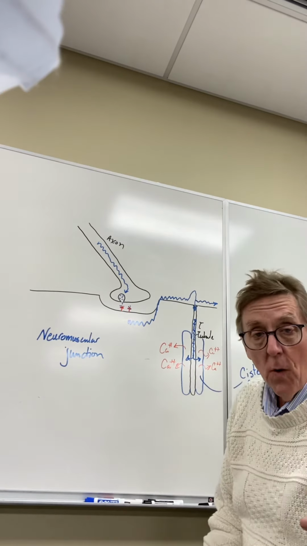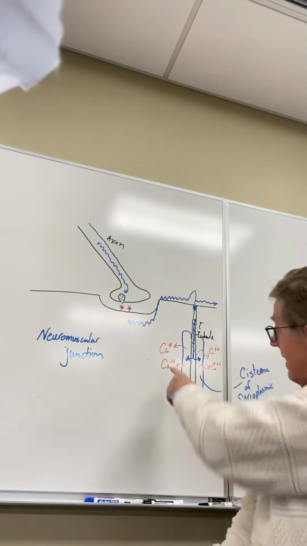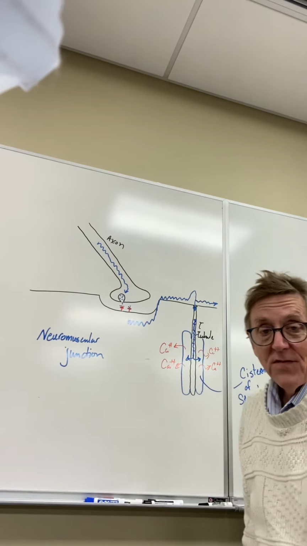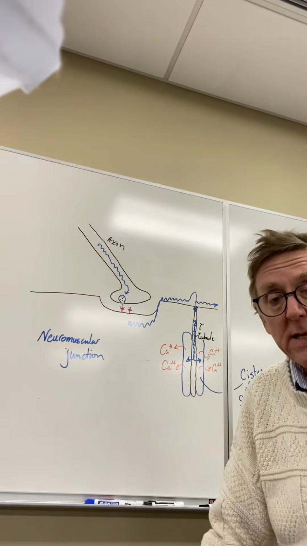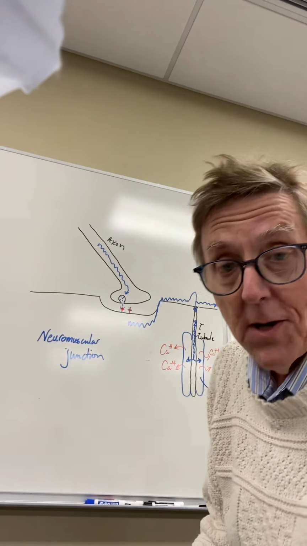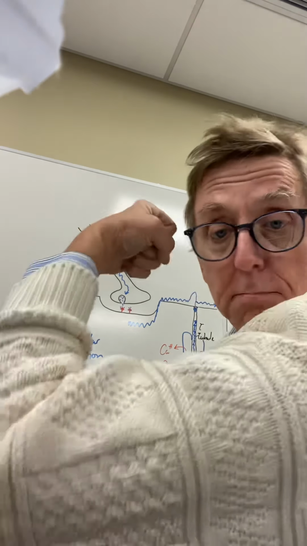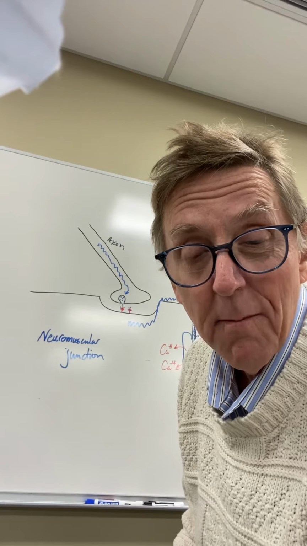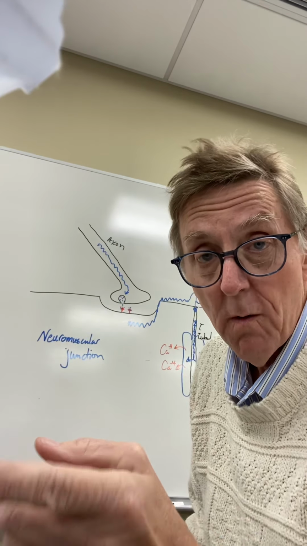And what does it do? It causes it to release the calcium. The cisternae of the sarcoplasmic reticulum releases the calcium. And you know what happens then? The muscle contracts. And that's another story.